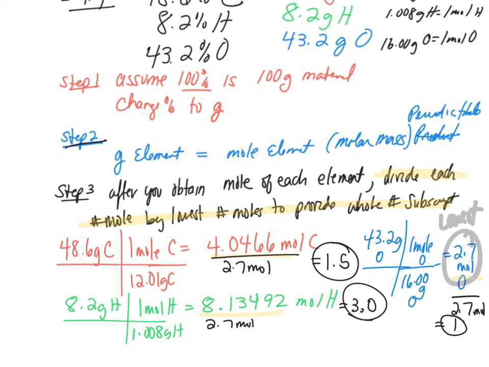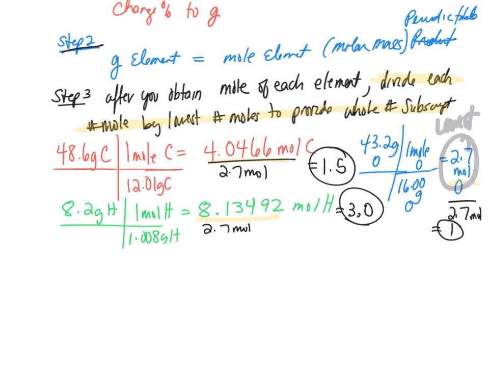Now, have you ever seen an element with a decimal for its subscript? You shouldn't. It's not right. So we need to have whole numbers. Is there a number we can multiply 1.5 by to make it a whole number? Because we need whole number subscripts for our empirical formula. So 1.5 times 2 is 3. So we have 3 mole of carbon in our formula.